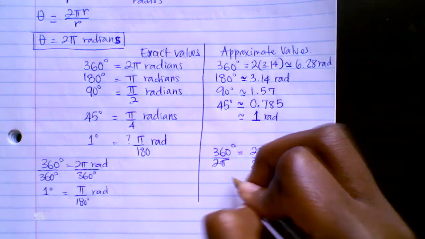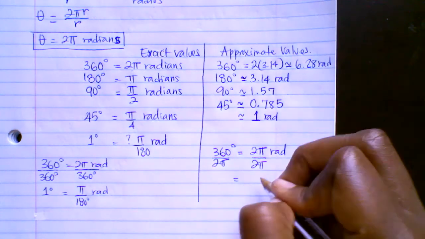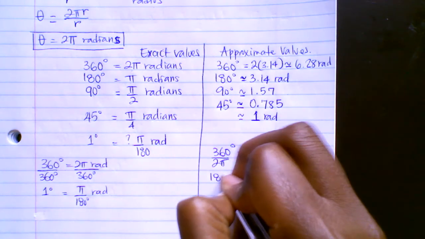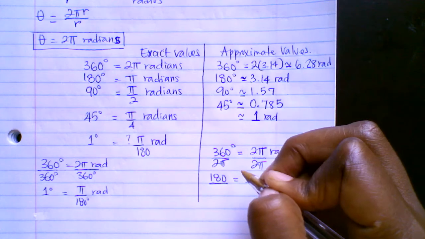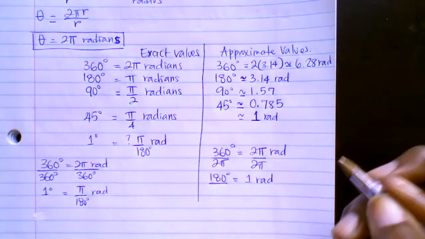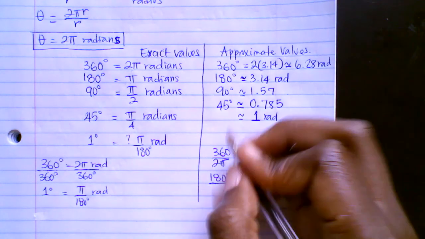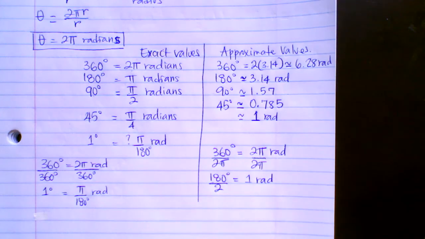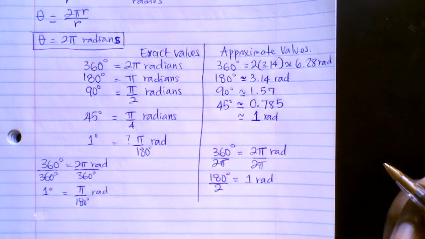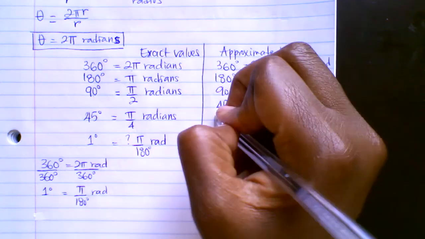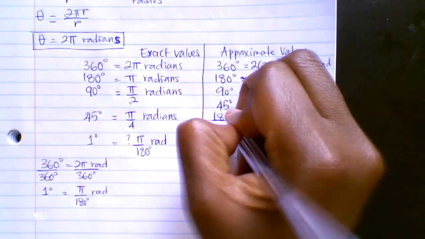And you end up with 1 radian, and here you end up with 180 degrees over 2.